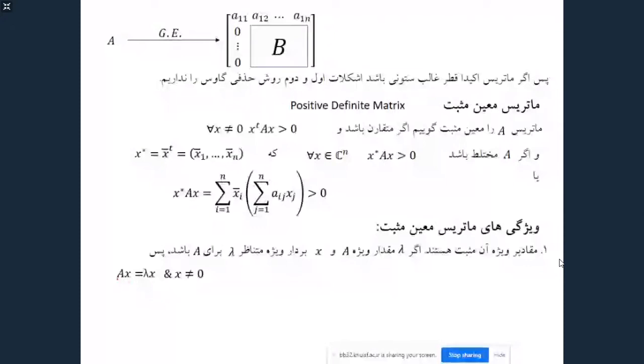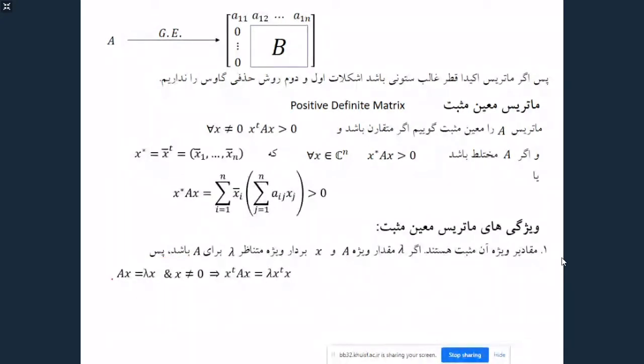Lambda is an eigenvalue of A and x is an eigenvector of A. We know x is a non-zero vector.